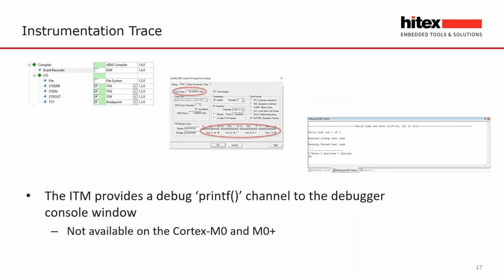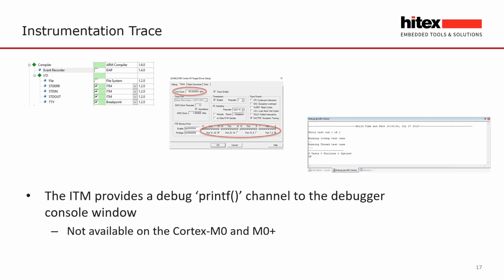To get access to the instrumentation trace, we can redirect standard out. Whenever we do a printf, we can redirect it to the instrumentation trace. Within the runtime environment manager, in the compiler section, there's a subfield called IO, and here we need to enable the standard in and standard out, and we can switch those over to be routed to the instrumentation trace.